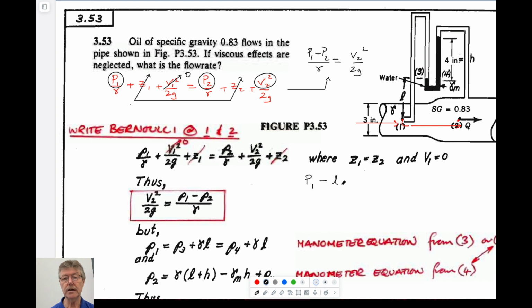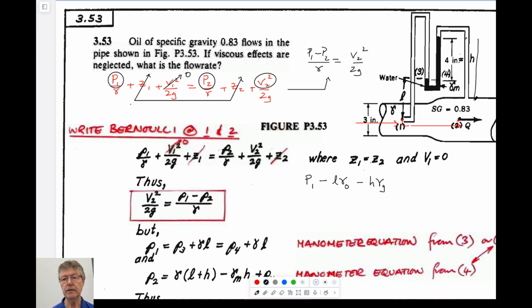So L times unit weight of the oil in the pipe. Gets to this point, we can go across this because it's the same fluid. We get across to this point here. We go up again, so we subtract H times gamma gauge fluid to get to this point here.